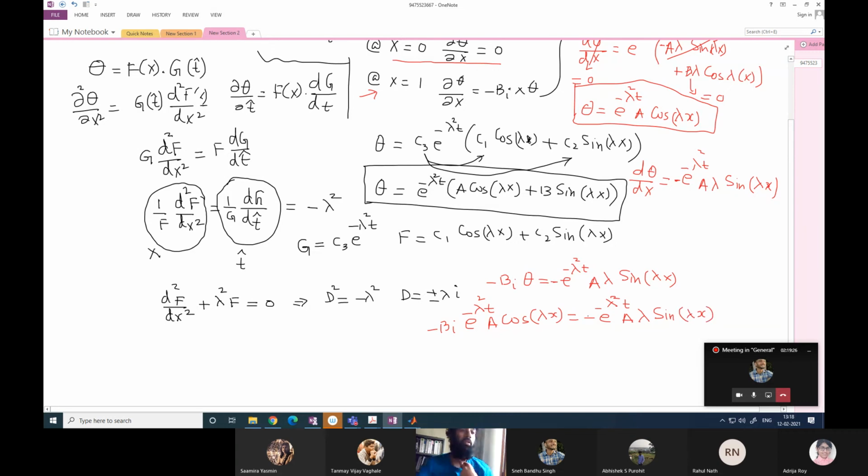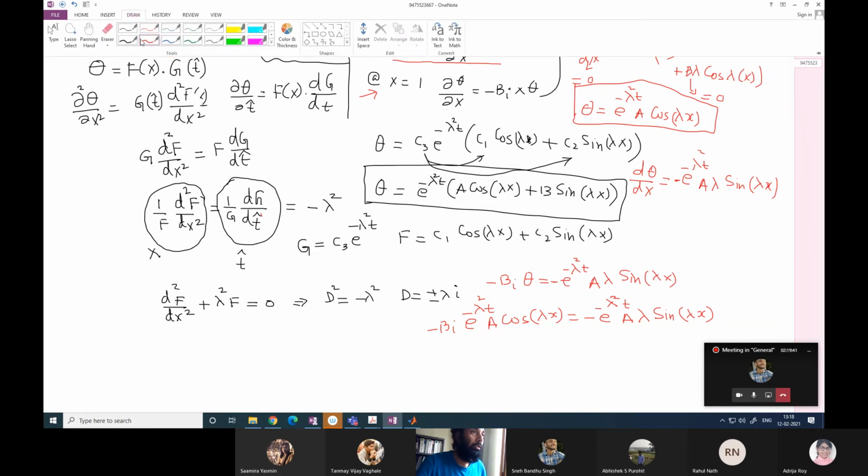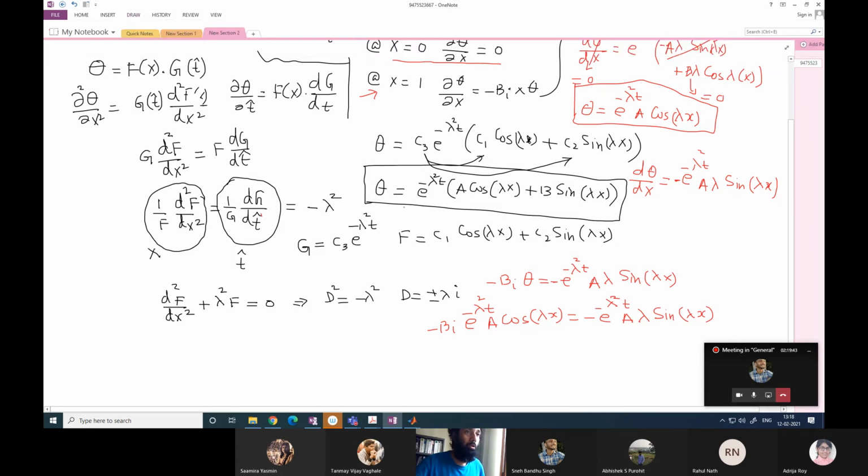So you see that we use this boundary condition for evaluating A, but unfortunately we could not evaluate A from this. But we could evaluate lambda, because lambda is also not known to us. So it serves some purpose. So these actually cancel.